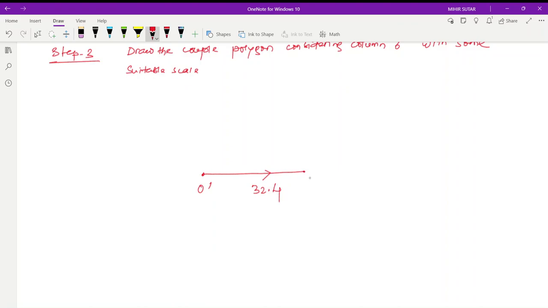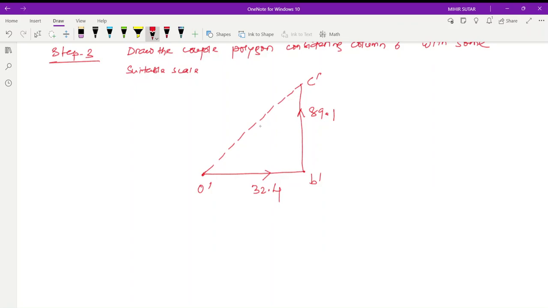Then we'll obtain the point B dash. Okay, then the second cylinder is perpendicular to the first one and the value is 89.1 kg meter square. Then we'll obtain C dash. Okay, now we'll have this closing side.